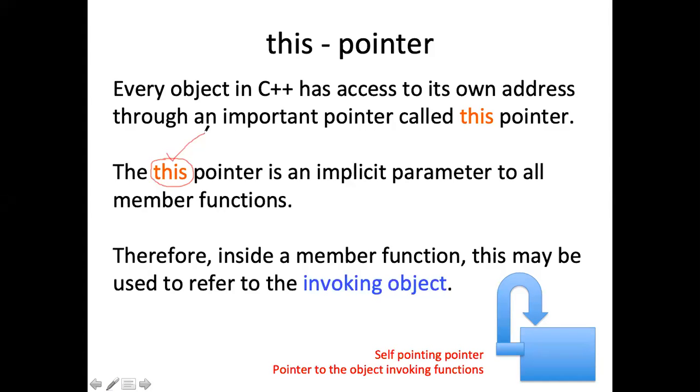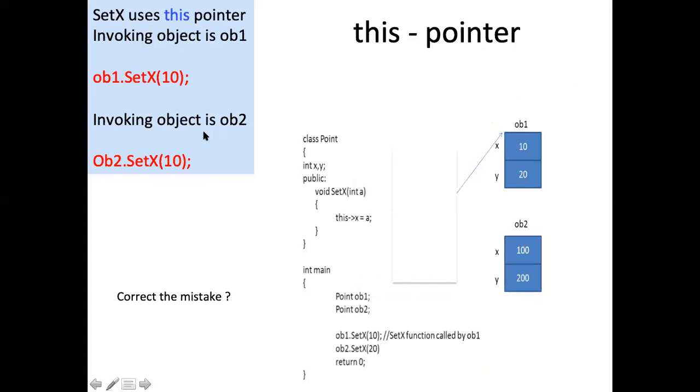Okay, so invoking object kya hota hai? So let's discuss what this invoking object is. For that, here is an example. If you look at the top left corner of the slide, you will find a function call, and the function name is setX.